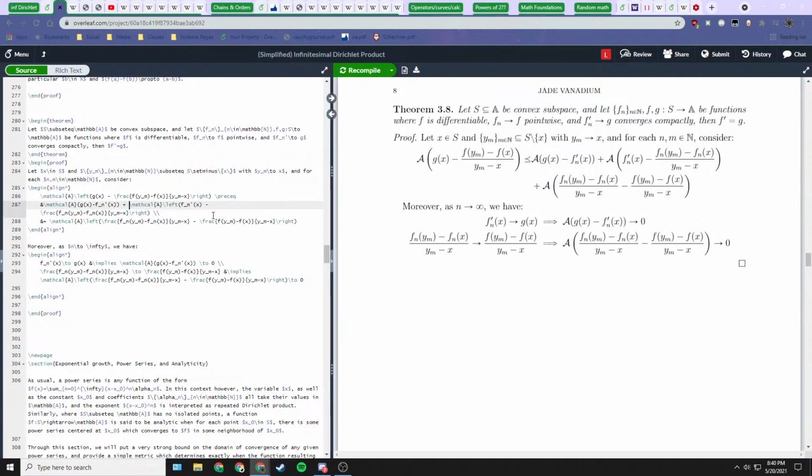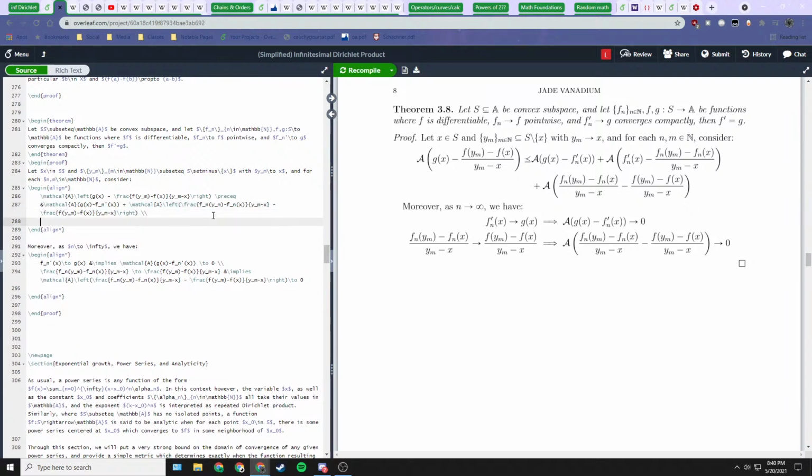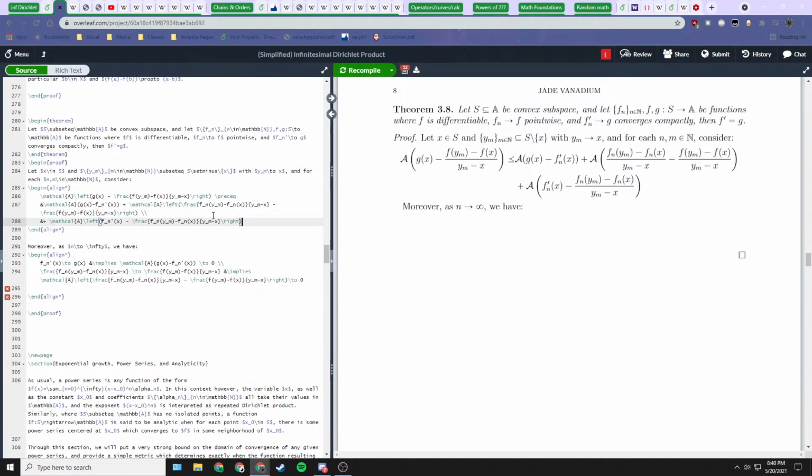Term plus this term, flip these around. Hopefully this will fit.